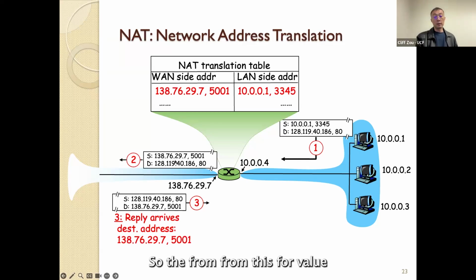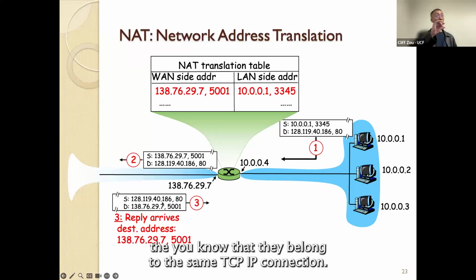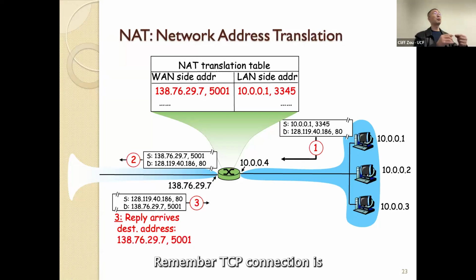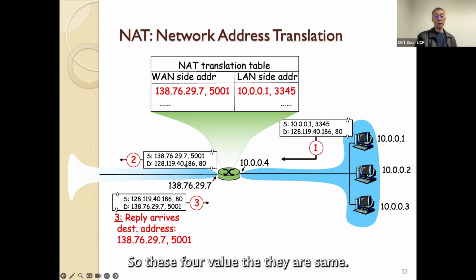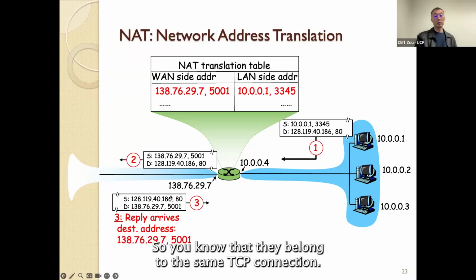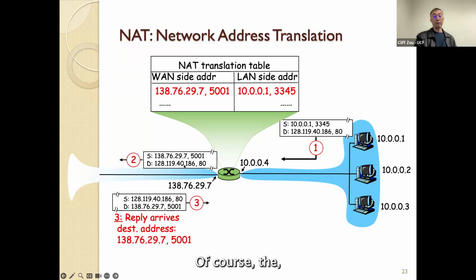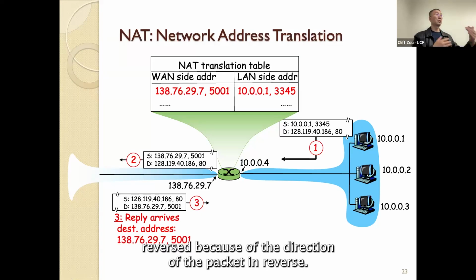So from these four values, you know that they belong to the same TCP connection. Remember, a TCP connection is uniquely identified by these four values. So these four values are the same, so you know that they belong to the same TCP connection. Of course, the source and destination are reversed because the direction of the packet is reversed.